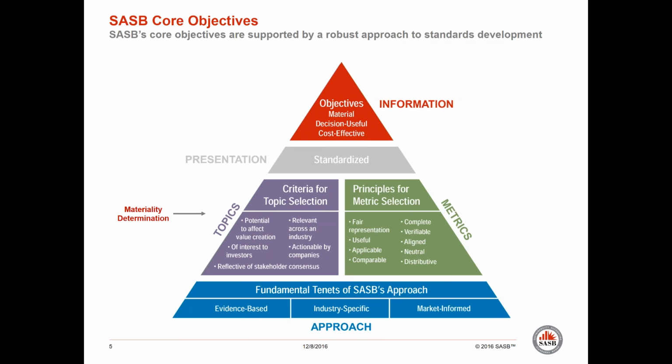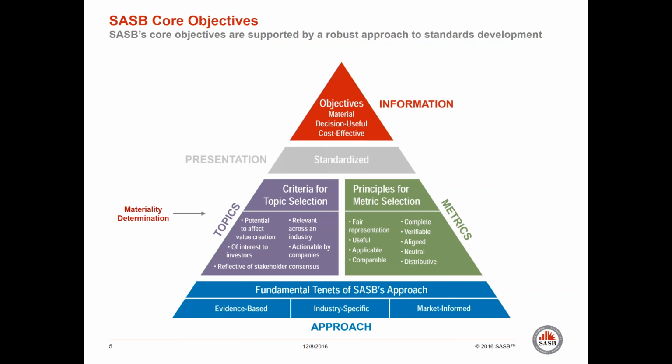In looking beyond the topics at the specific metrics that we develop, we want to ensure that they fairly represent the topic or issue that we're looking at, that they're decision useful to investors, that they are comparable across companies, that they fully describe the issue we're trying to determine, that they can be verified, that they can be traced and reasonably assured that the information is accurate, and also that they're aligned across the set of industries that we look at, and also with external developers of metrics and standards.